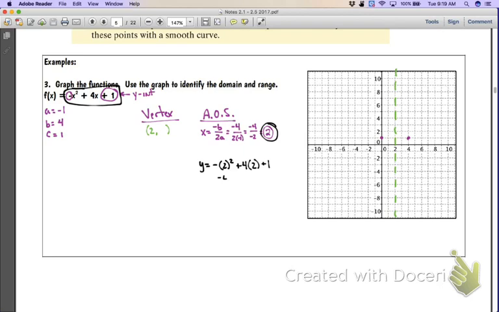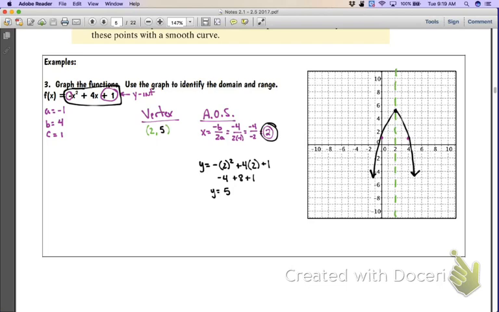It's not (-2) squared, it's the negative of 2 squared. Plug and chug, I have -4 plus 8 plus 1. So the y value of my vertex is positive 5. So that 5 goes in here for my vertex. I'm going to go up here to 5, and then connect the dots.